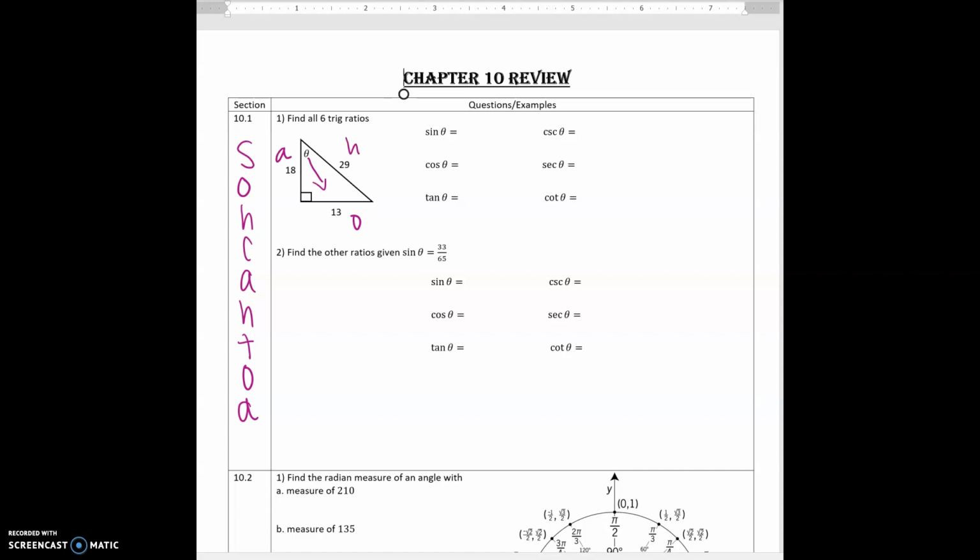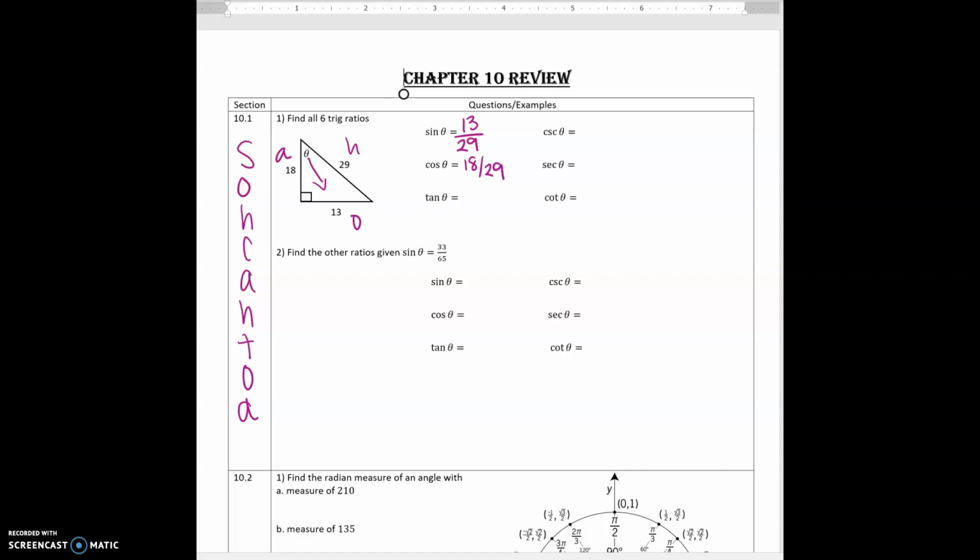So now remember, sine is opposite over hypotenuse. So we're going to do 13 over the hypotenuse, which is 29. Cosine is adjacent over the hypotenuse, so 18 over 29. And tangent is opposite over adjacent.